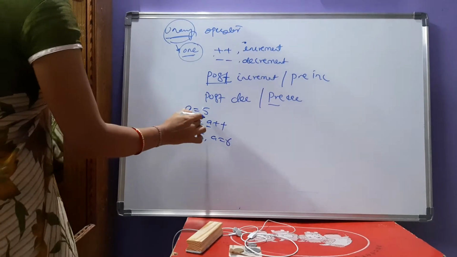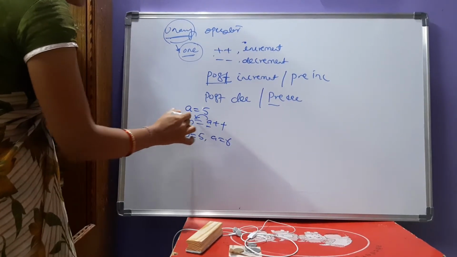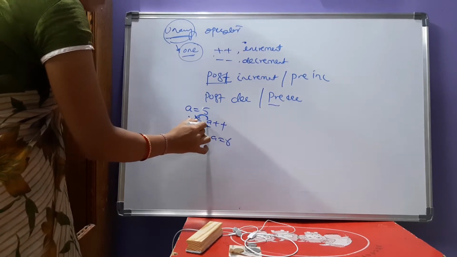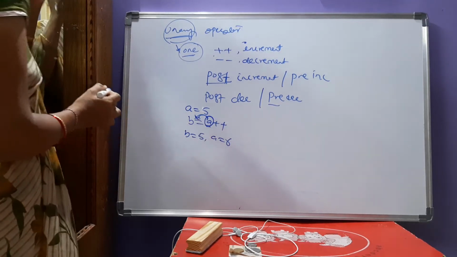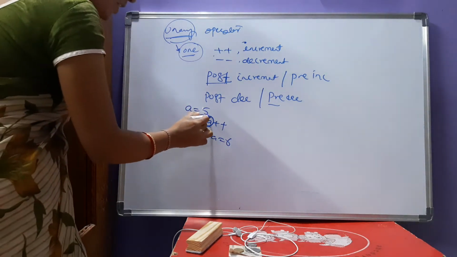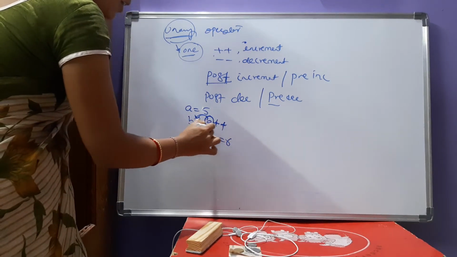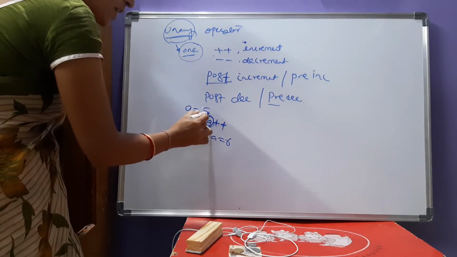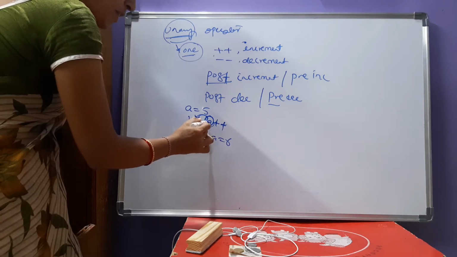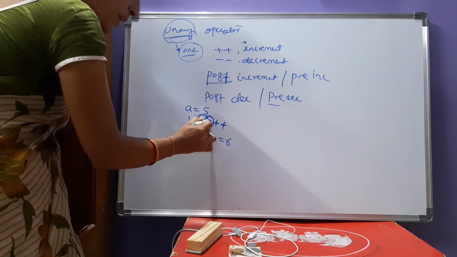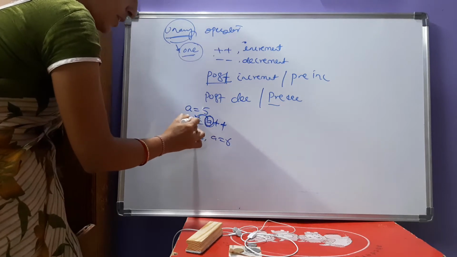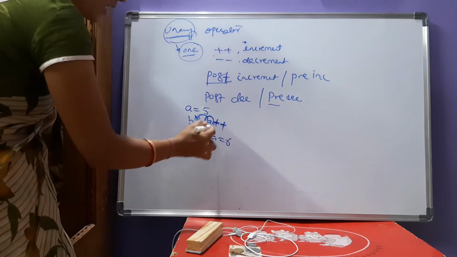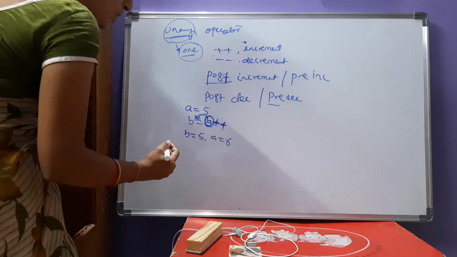In the post increment, first the value is used, whatever the value is in the operand, and after that it is incremented. The value is first assigned to the variable, and after that incremented.